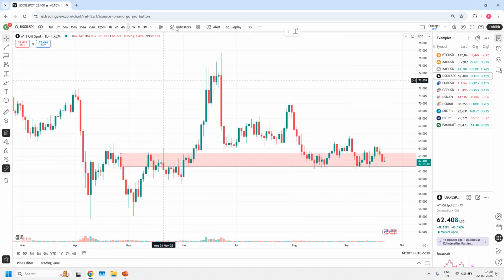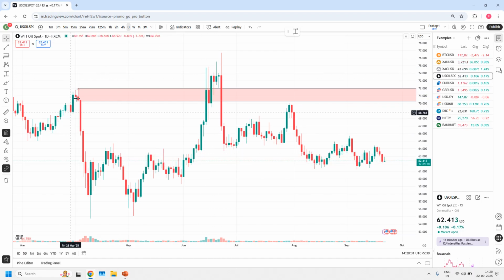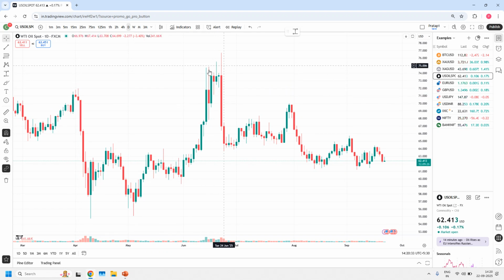And after that, here we have one more supply. And by violating this second supply, the trend from sideways is changed to uptrend. So now you all agree? When prices are here, the trend is an uptrend.